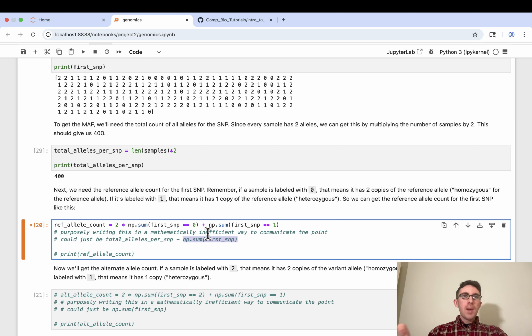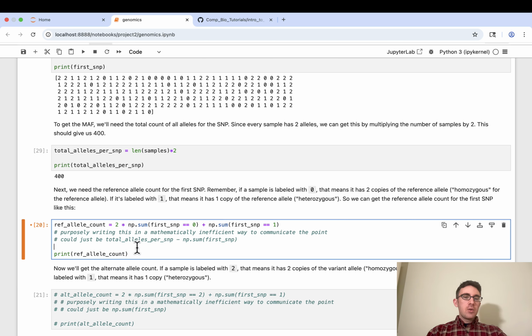I purposely did it in a less clever way to be clearer about exactly what we're counting. But if you want to be more efficient, you could just do total alleles per SNP minus the sum of this whole array.